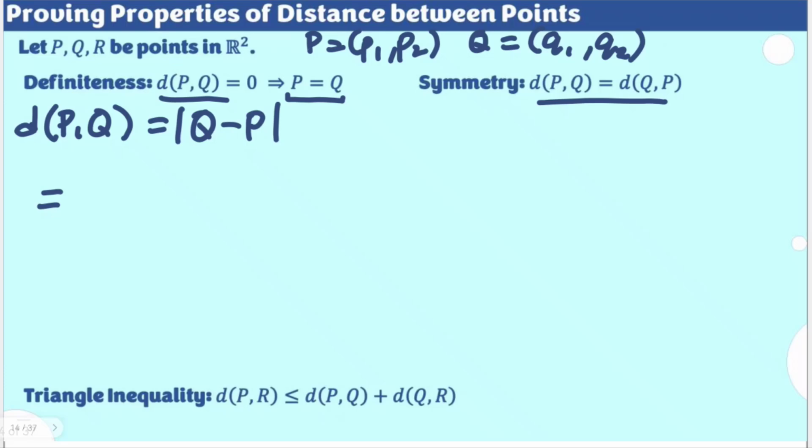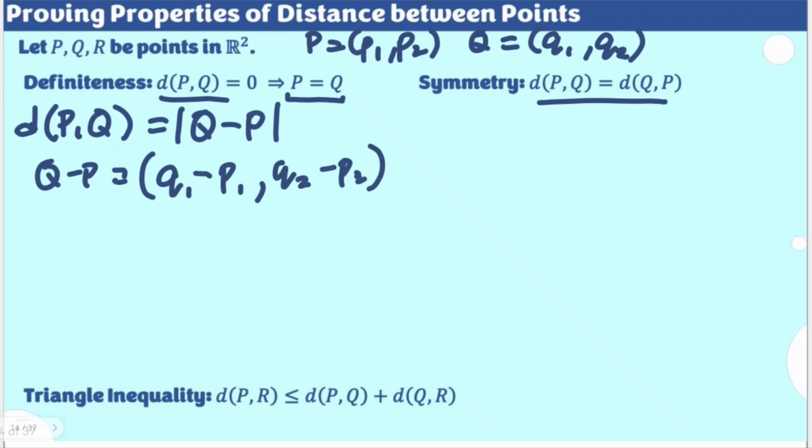Of course, this will become the square root of the sum of the squares of the differences. First we get Q minus P. Let's subtract them. You will have Q sub 1 minus P sub 1 and Q sub 2 minus P sub 2.